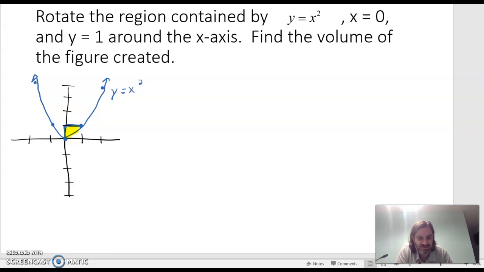So this is the shaded region that's trapped between all those, and we're going to rotate that, as it says, around the x-axis. So when it comes around, it'll look like a three-dimensional figure. But you got to keep in mind that it will be a revolution.